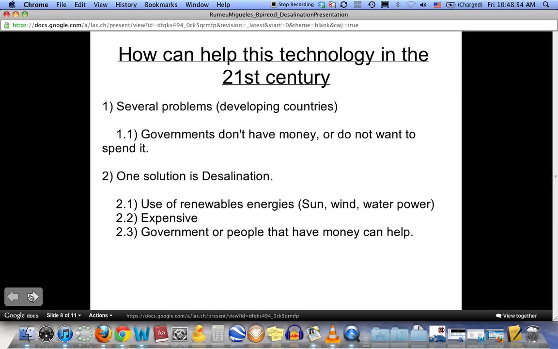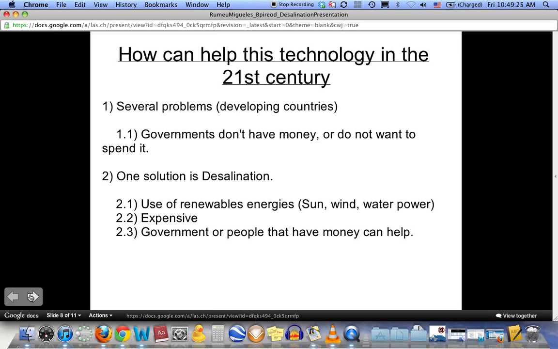One example is, imagine in Africa they have a lot of sun, and the poor countries have a lot of sunny days, and they could use it to create this energy. They could use panels that take the sun and change its energy into electricity.